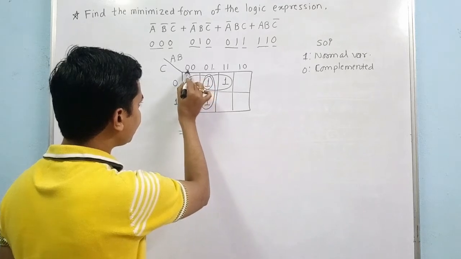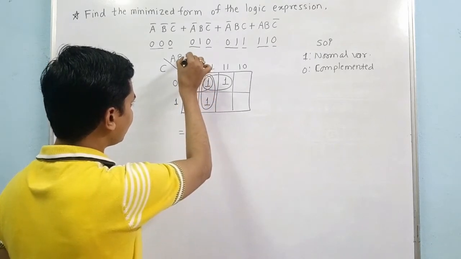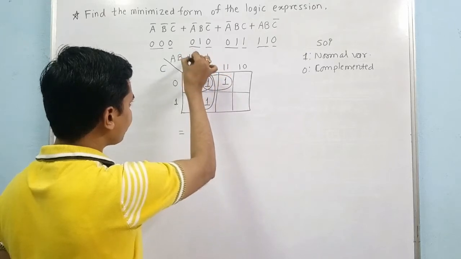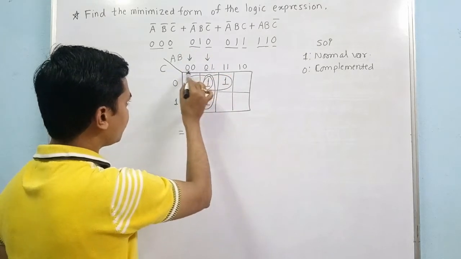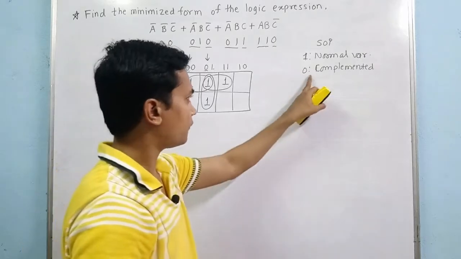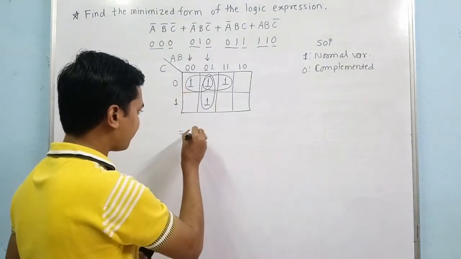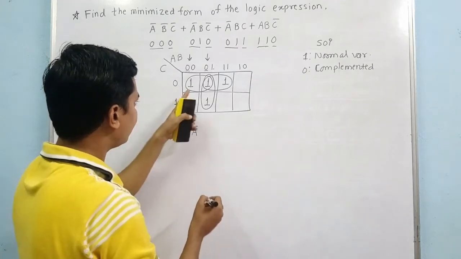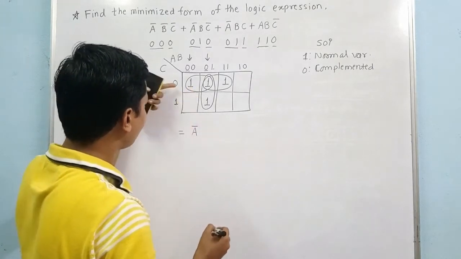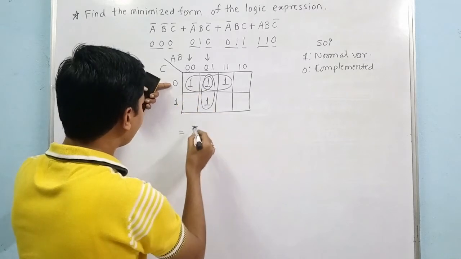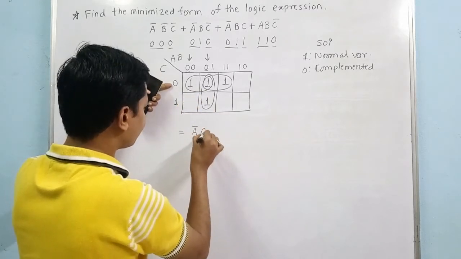The first logic 0 is common in this combination and this combination. For 0 we consider the complemented variable, so write a bar. And what is common in the row? This 0 is common for these two bits, 1 1. So write c bar.